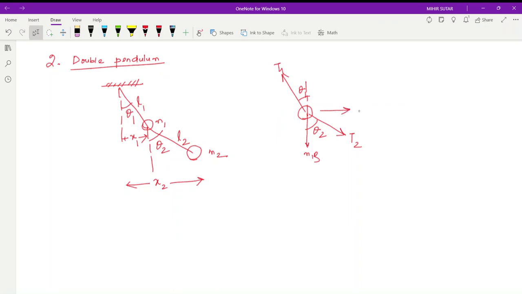Direction of acceleration, let's say x1 double dot. Okay. For the second pendulum, let's say this is T2, this is the mass, weight acting in downward direction m2g, clear, and the angle with vertical of T2 is theta 2, direction of acceleration x2 double dot, clear.